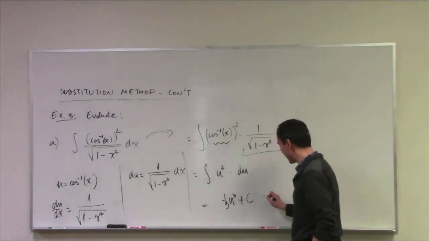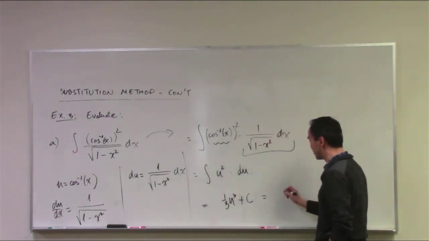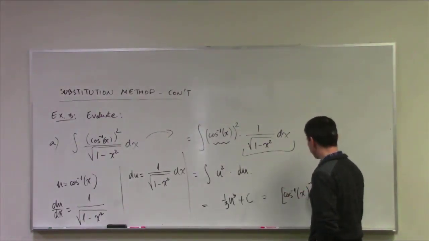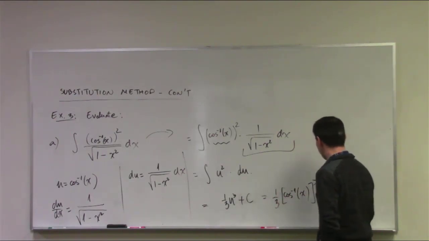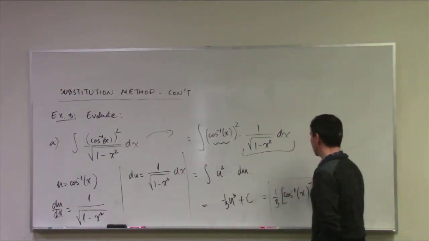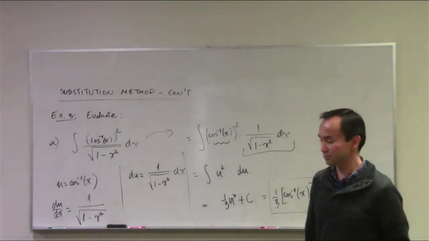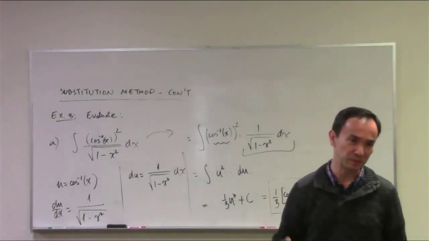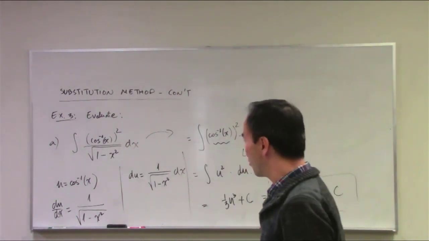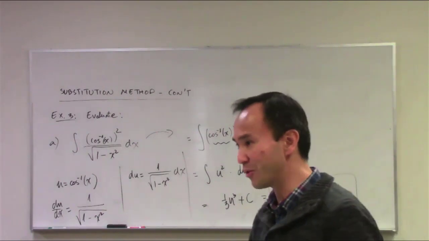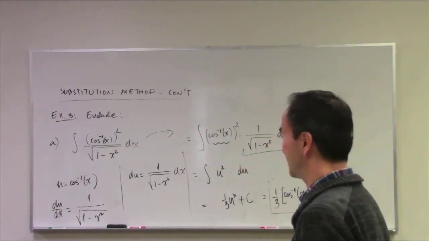And then back to the original variable, it's going to be cosine inverse of x to the third power, with a 1/3 in front, and we add c. We're done with that problem. One more problem down. And we keep putting more experience into our work. It's just that one simple fundamental I introduced 2 lectures ago, and now we keep going further and further into that.